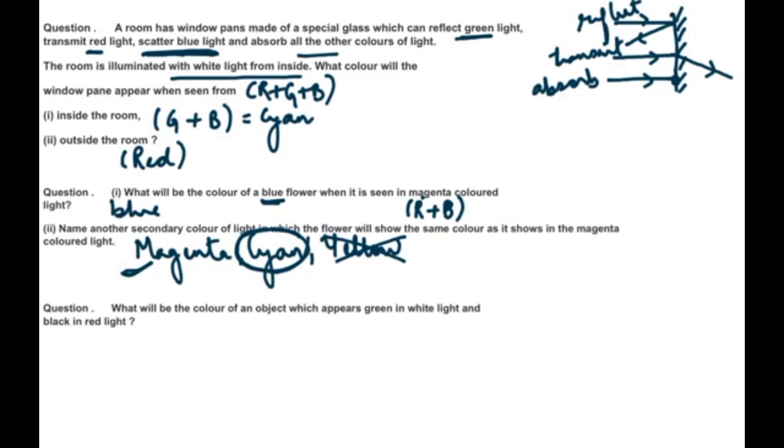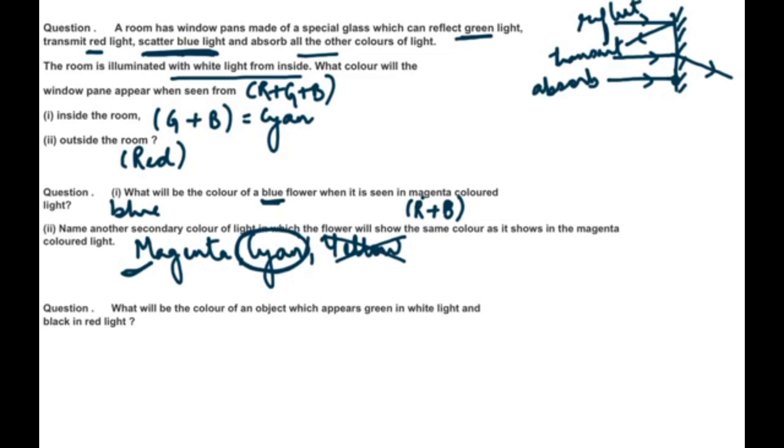Okay. Let's look at the last question. What will be the color of an object which appears green in white light and black in red light? Okay, always remember, in white light all the objects show their true color. Why this is happening is because in white light all the three primary lights are present, red, green, blue. So whatever be the color of the object, it will reflect the same light and will show its true color.